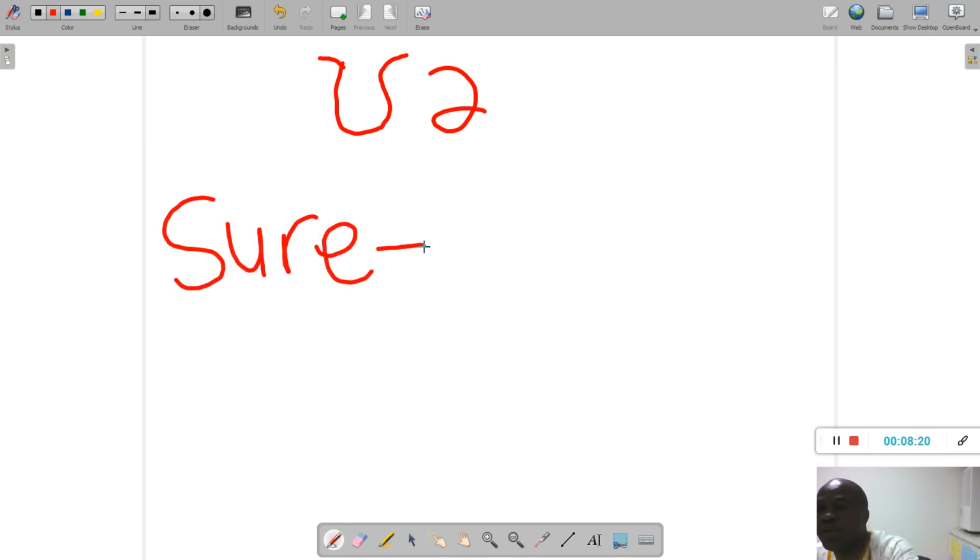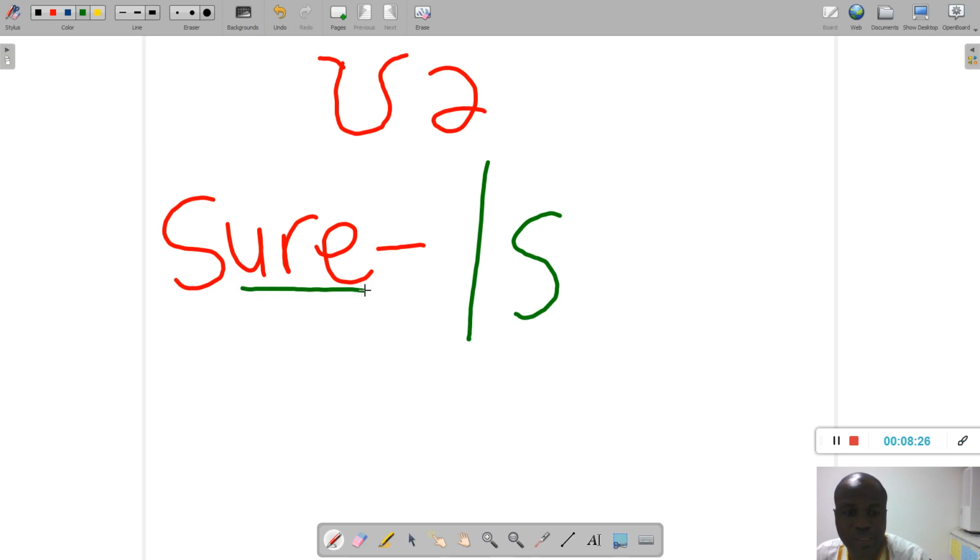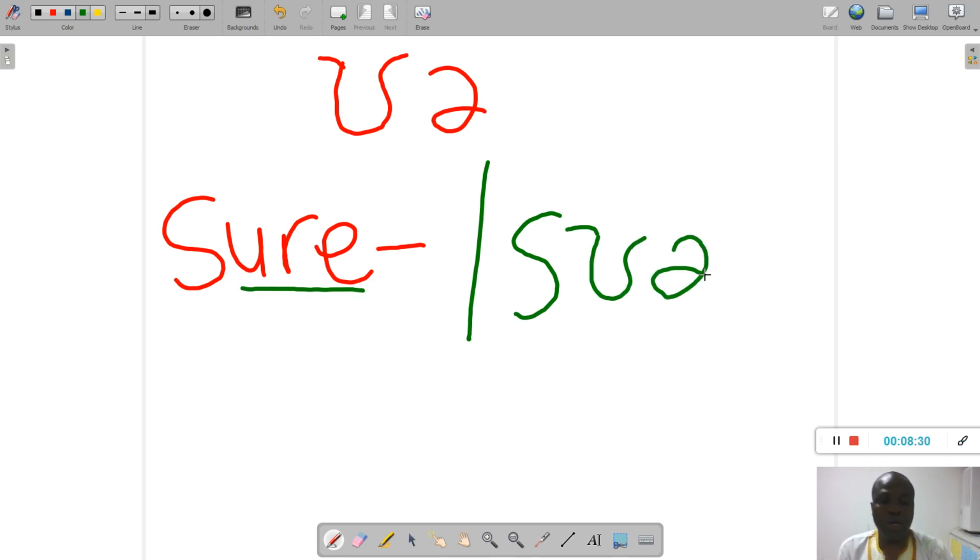If I write the IPA, it's going to be S, and the whole of this is going to change to that. Sure. And sometimes it's pronounced sure. You can pronounce that sure. There are so many pronunciations, like 3 or thereabouts. So this is sure.